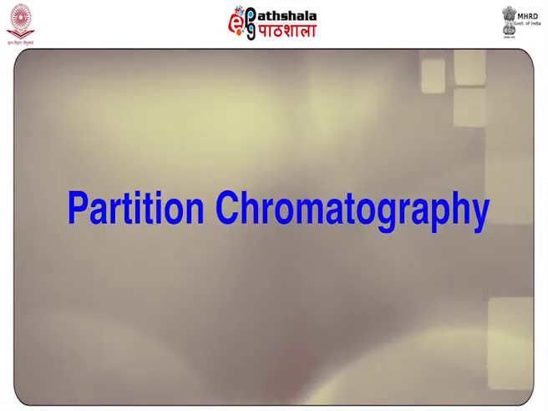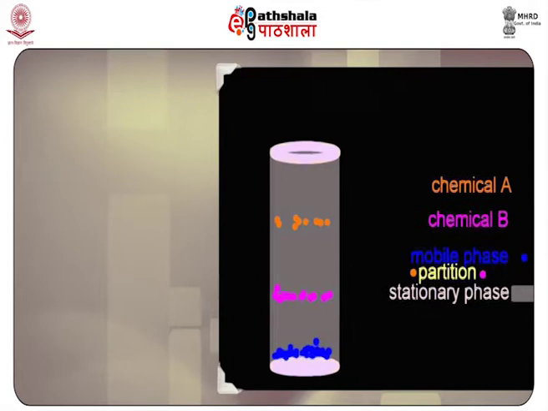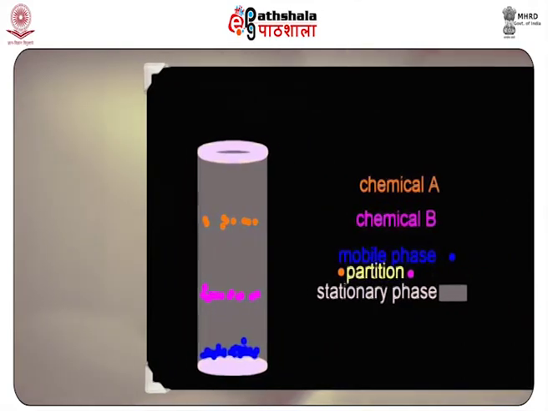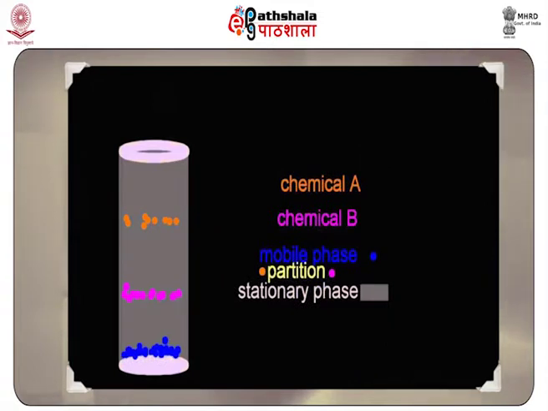Second is partition chromatography. The first type of chromatography that was developed by chemists is partition chromatography. It employs a solvent retained on the surface of a solid supporting inert matrix. The analyte molecules partition between a liquid mobile and stationary phase.